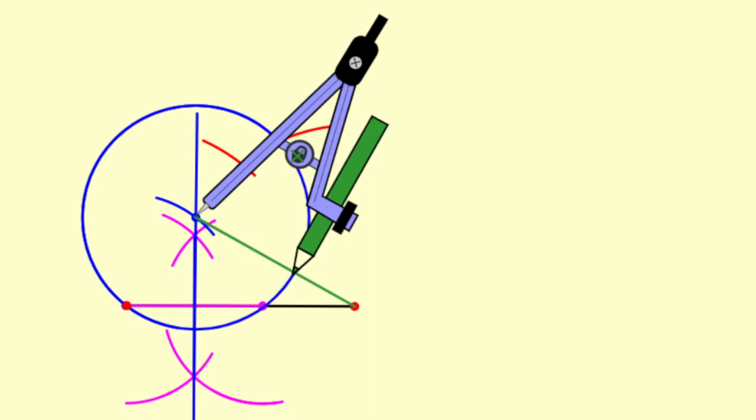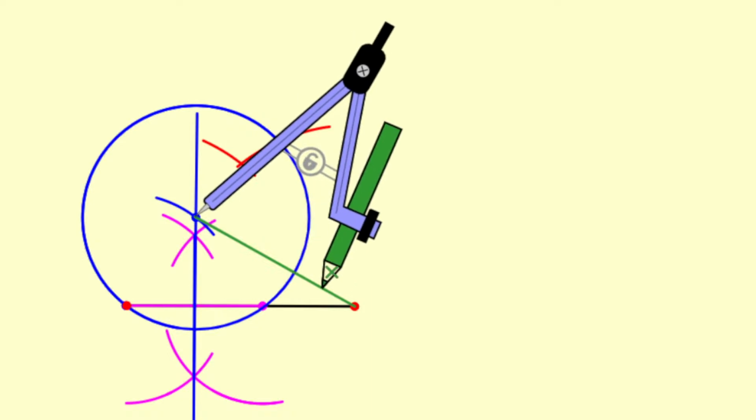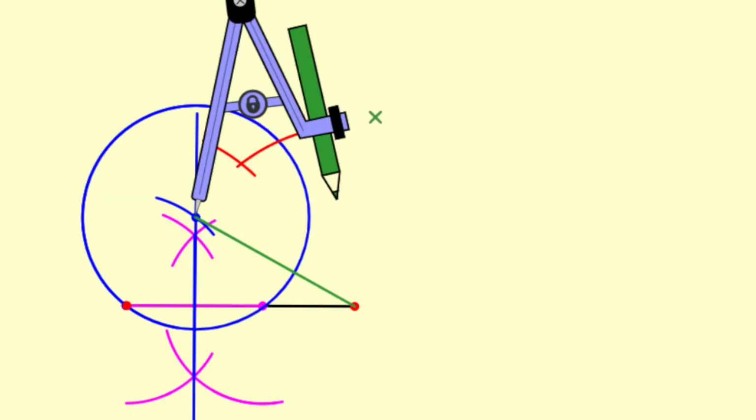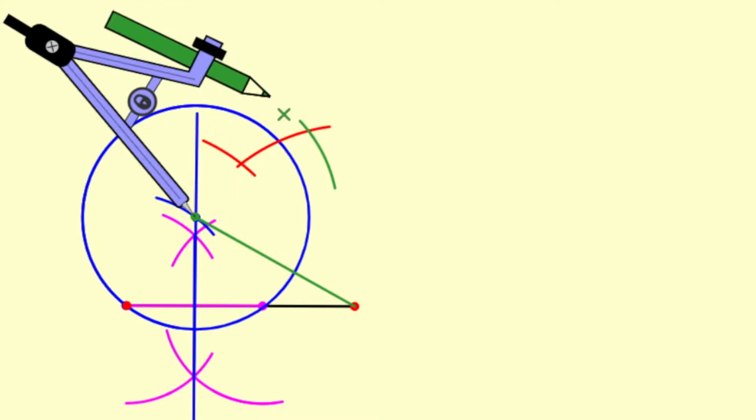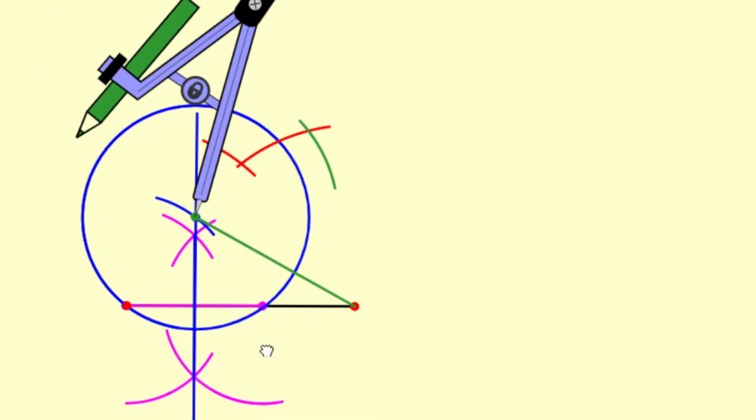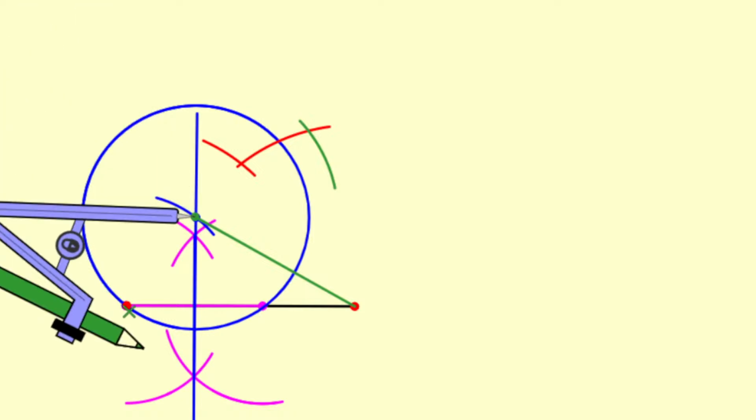I have to draw the perpendicular bisector of OB. The compass should be open more than half. One arc at the upper side and one arc at the lower side.